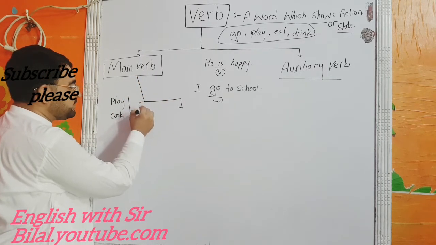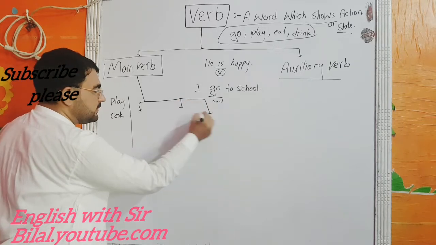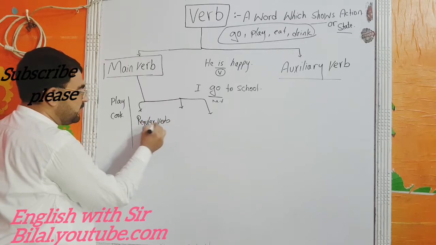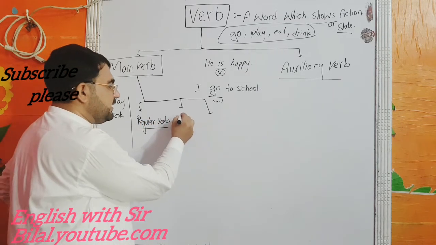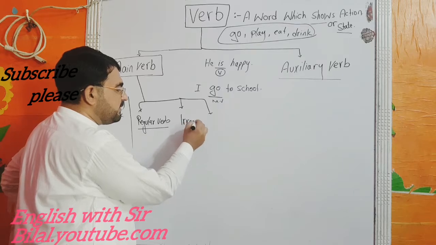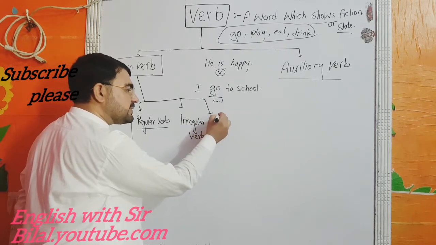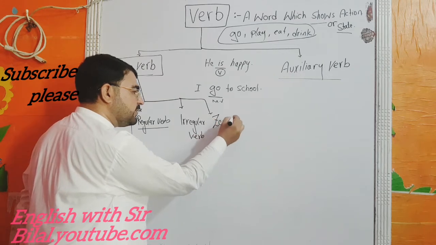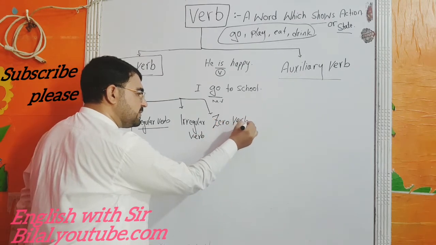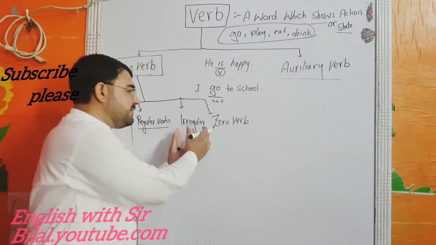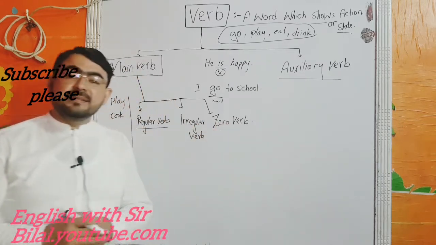The first one is called regular verb. The second group is called irregular verb, and the last one is called zero verb. Now what is regular verb, what is irregular verb, and what are zero verbs?